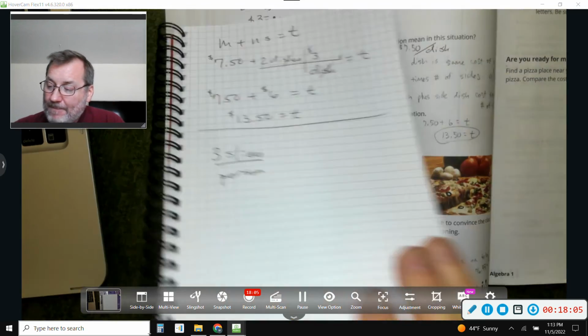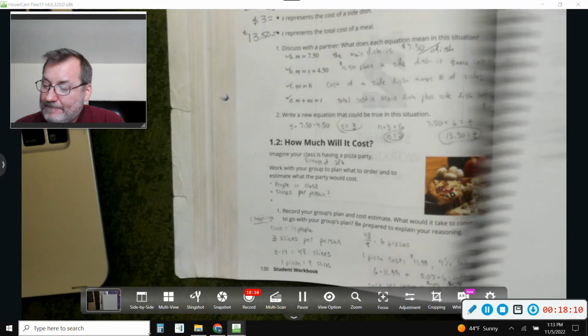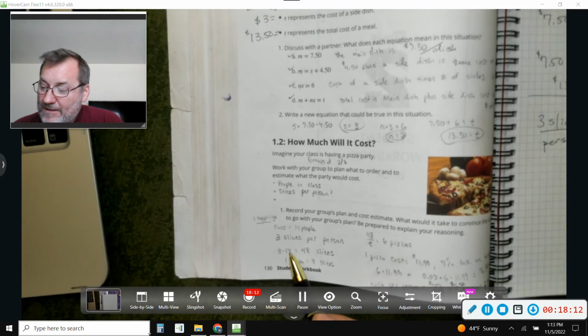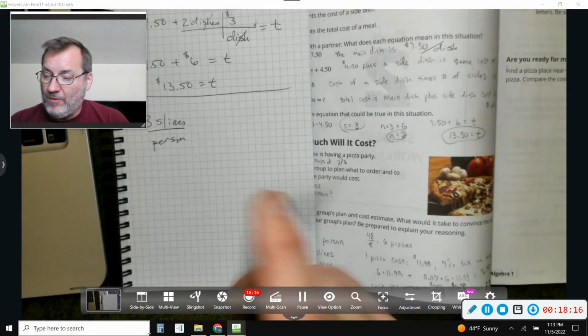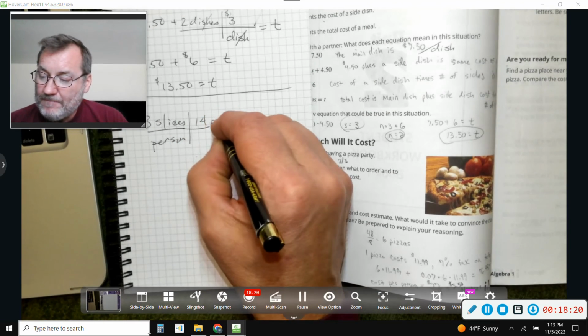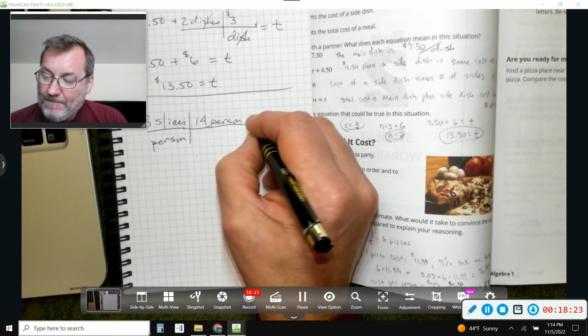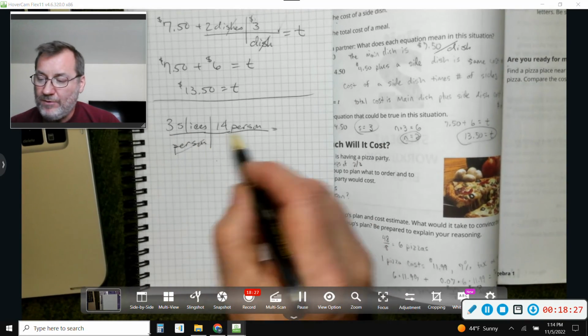And then they're multiplying it by 14. Well, the 14 is the number of people or persons. So we multiply that by 14 persons or 14 people. What units cancel? Well, persons cancel.